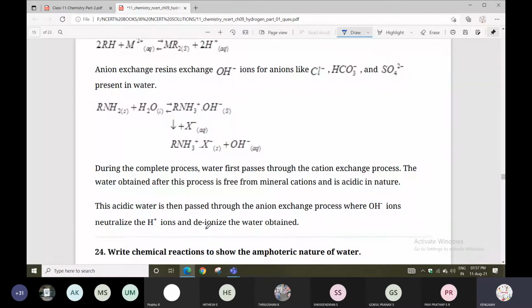This acidic water is then passed through the anion exchange process where the OH minus ions neutralize the H plus ions, and deionized water is obtained.